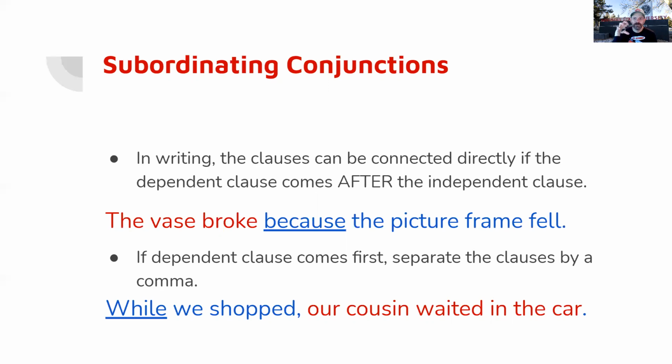That's enough of a signal to the reader that they don't need punctuation to help them. But if we're going to put the dependent clause first, as in while we shopped, our cousin waited in the car, we use a comma after the dependent clause to help signal to the reader, this is the end of the dependent clause.